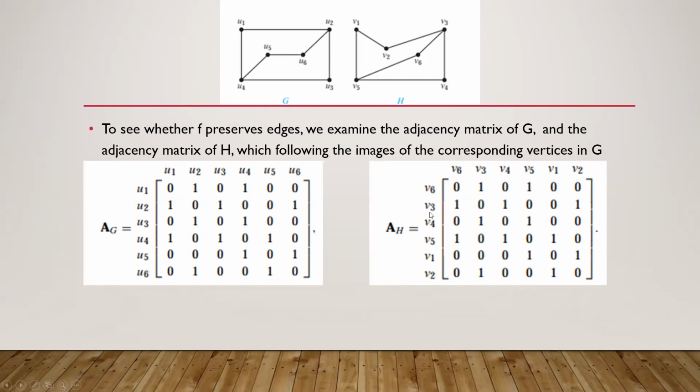Here's u2, so here is v3, and here is u3, here is v4, here's u4, so here is v5, here's u5, so here is v1, and here's u6, so here is v2.